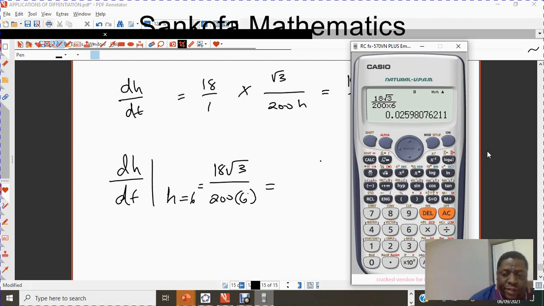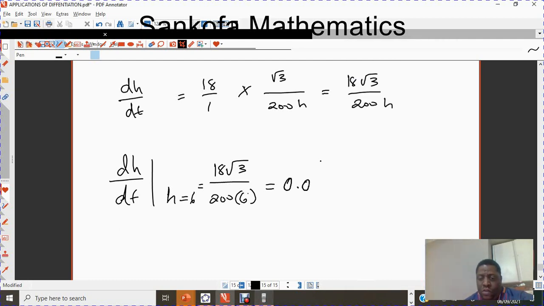If we plug that in, we get 0.02598 centimeters per second. Or you can even decide to simplify this one a little bit.